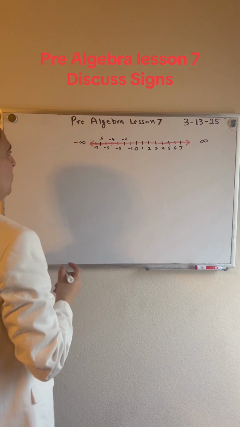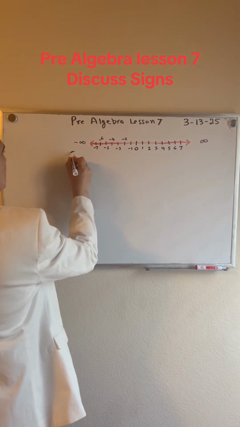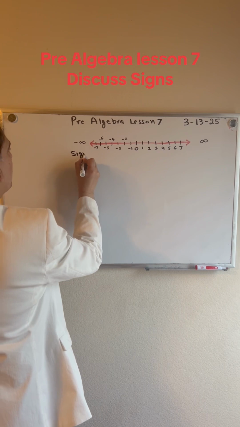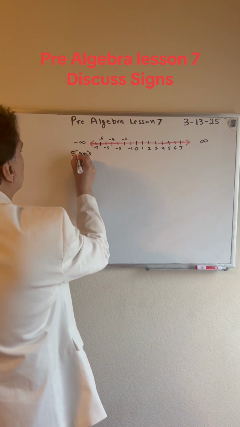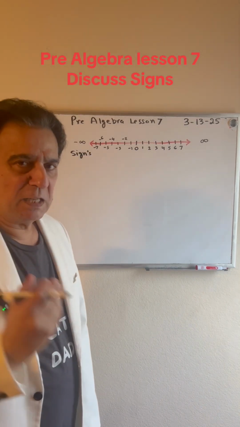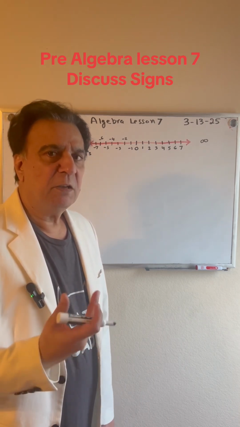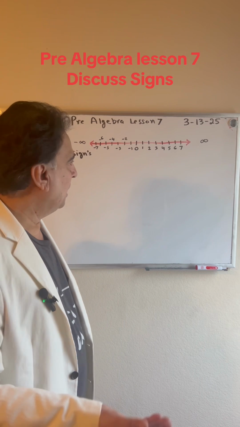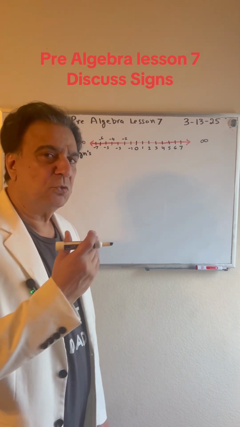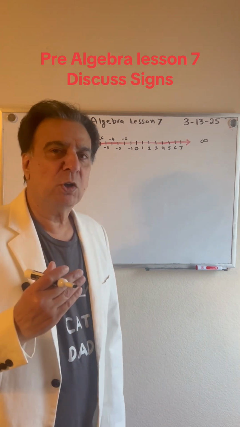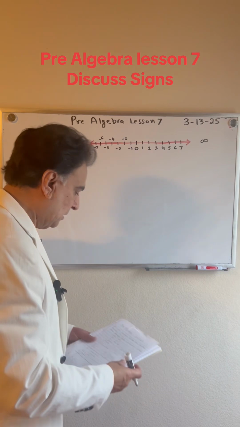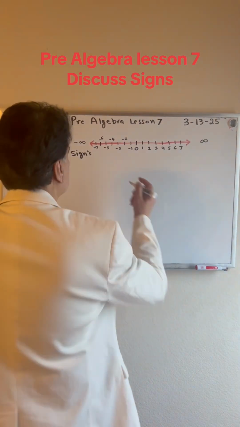Now let's go ahead and discuss the signs. This is really important for students who are getting into algebra. Perhaps most of you are already aware of those signs, but like I said, this lesson is designed for pre-algebra students. So what is the greater than sign?